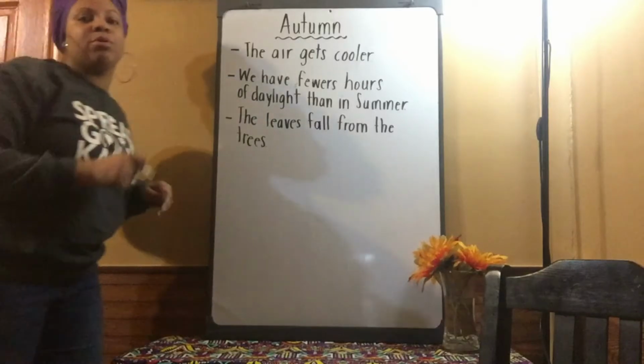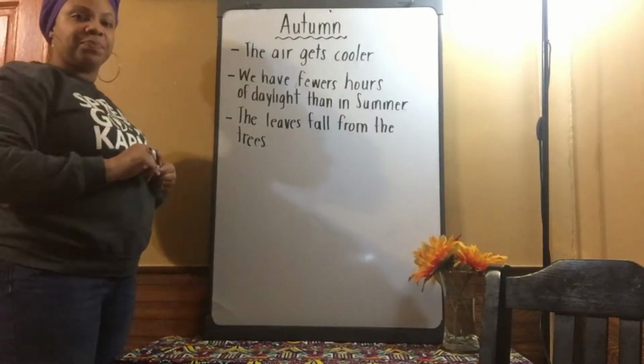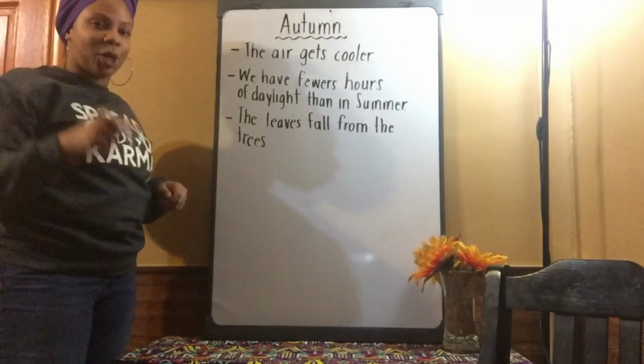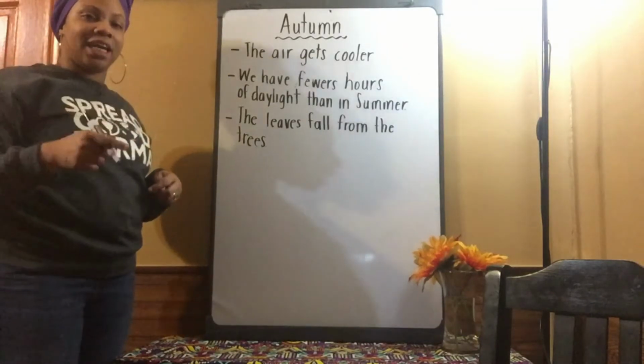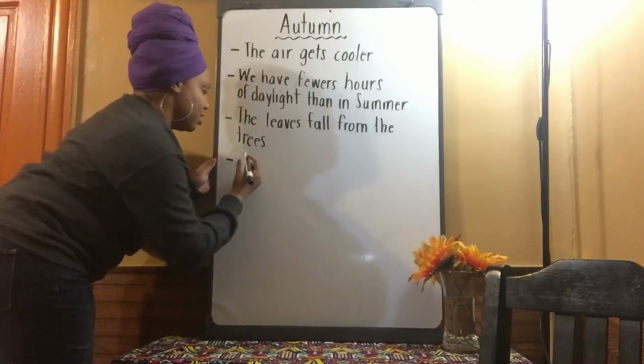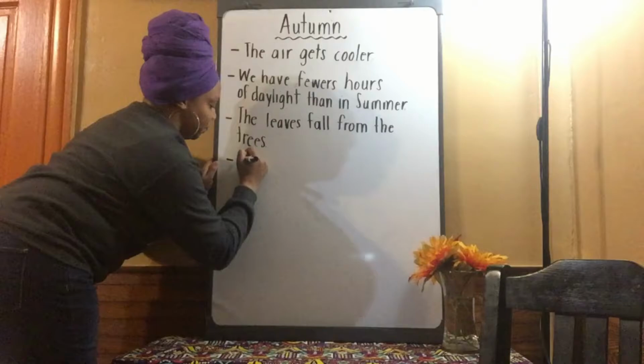All right, what do animals do during autumn, Congo Nation? Very good. I heard it from Walid first. He told us that in autumn, the animals gather food to store for winter. Very good. Let's add that to our top hat graphic organizer.